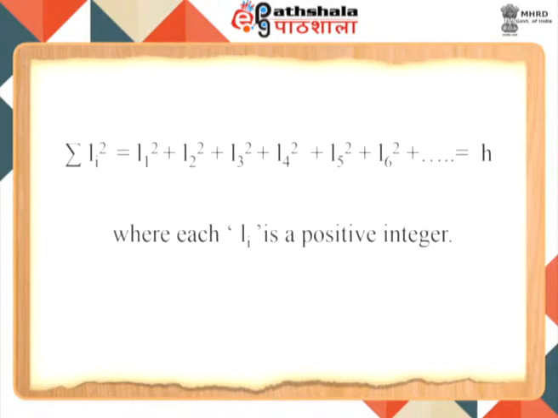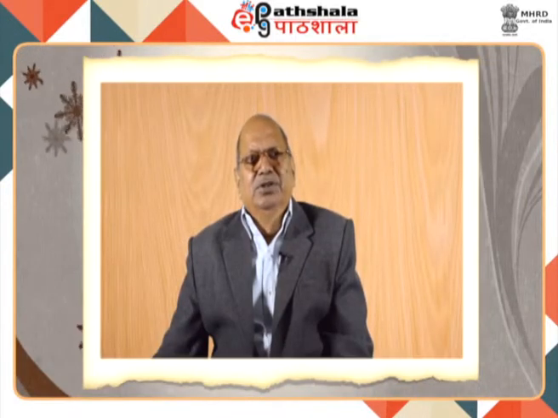That is, the summation of li squared, equal to l1 squared plus l2 squared plus l3 squared and so on, is equal to h, where li is a positive integer and represents the dimension of the irreducible representation. Let us examine this rule.